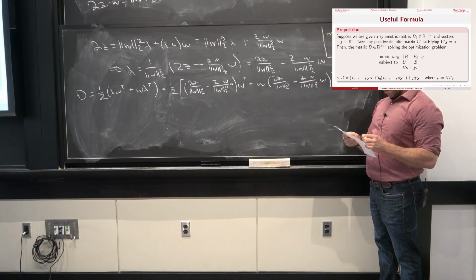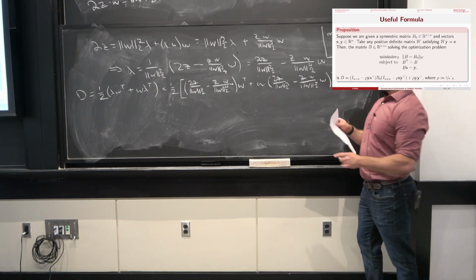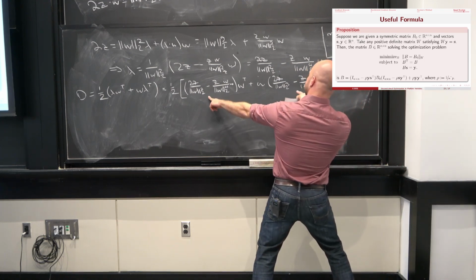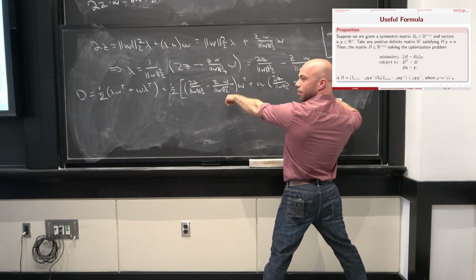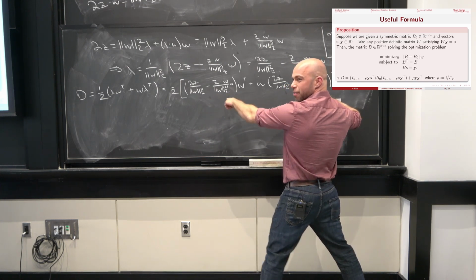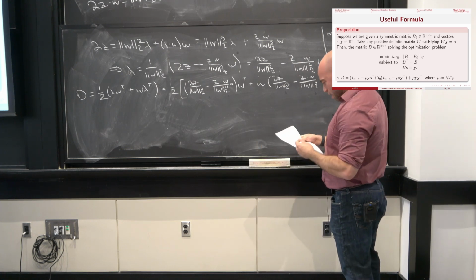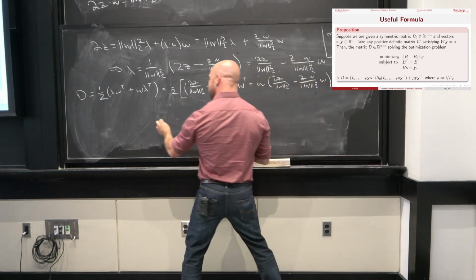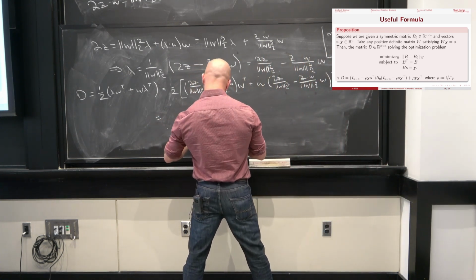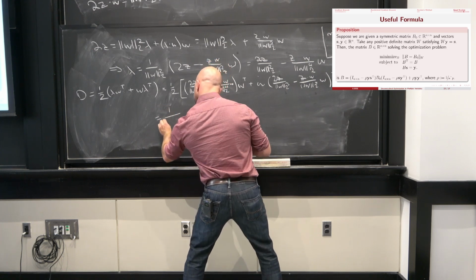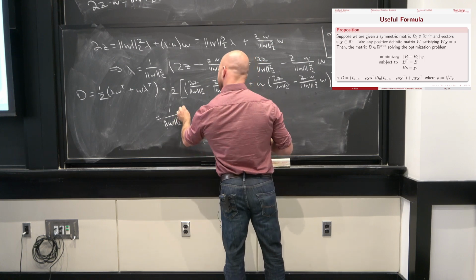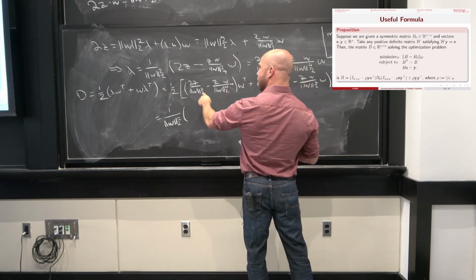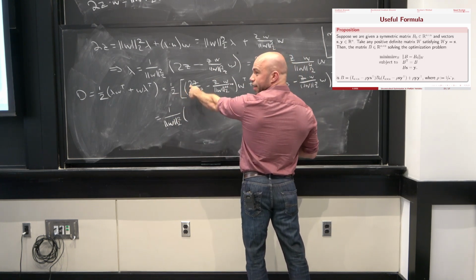Finally, if we rearrange this a tiny bit, notice that we have two terms that end up with a 1 over mod w squared factor, and two terms with a 1 over mod w to the fourth factor. So we're going to group that way. We have 1 over mod w squared. We've got a 1/2 and a 2 that cancel.